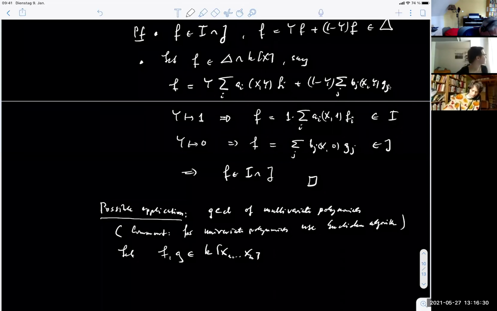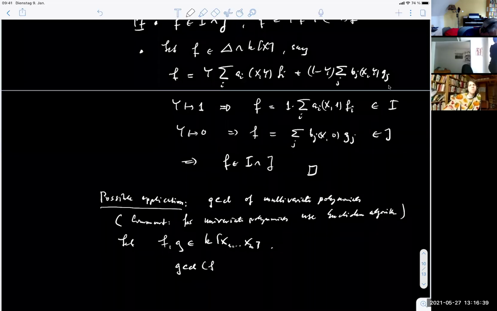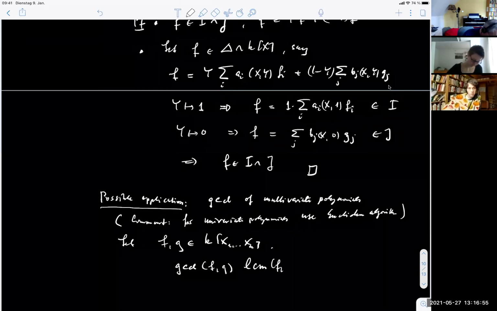Instead of computing the GCD, I will compute the least common multiple. This is a general fact: GCD times least common multiple is the product. So instead of computing the GCD, we can as well compute the least common multiple.